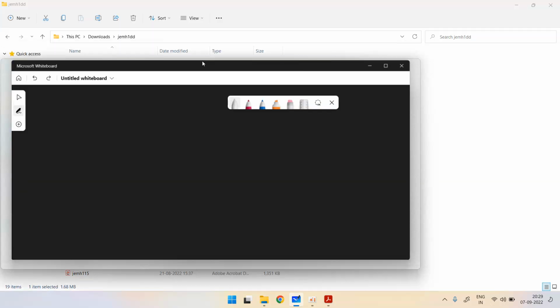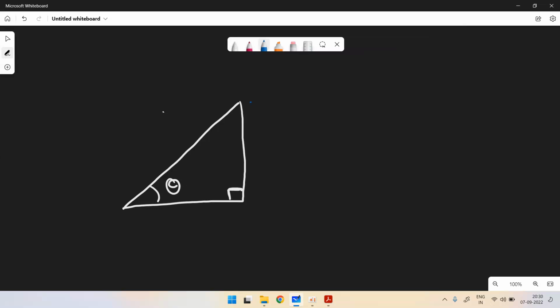If there is a right angle triangle, if this angle is theta and this is 90 degrees, I will be calling this as my what?